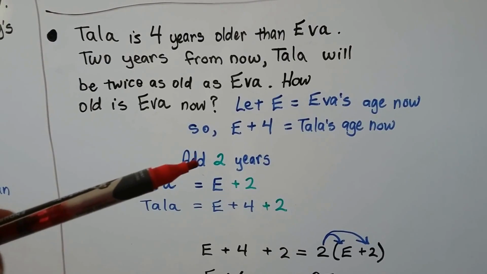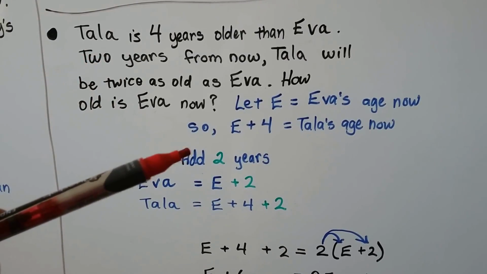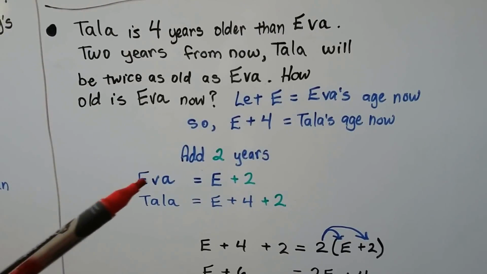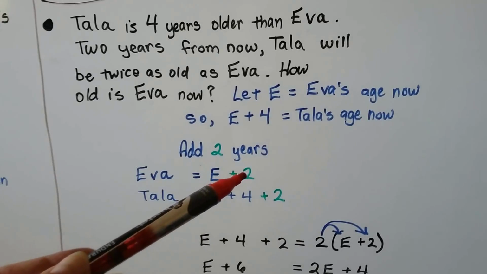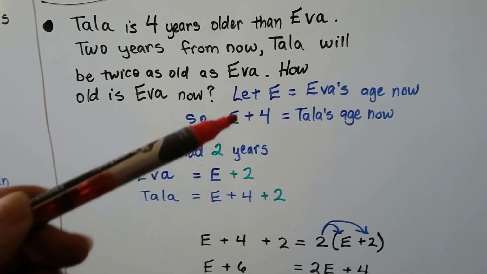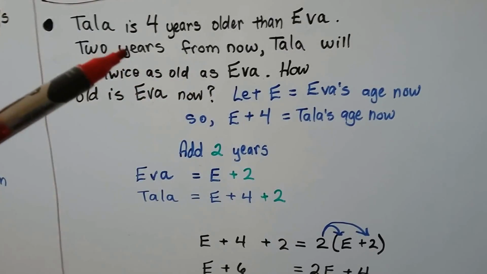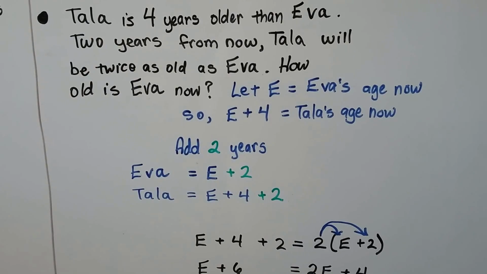If we add 2 years, it says 2 years from now. If we add those 2 years from now, then Eva is going to be E plus 2, because she's E, so she'll be E plus 2. And Tala will be E plus 4 plus that 2 years, see?